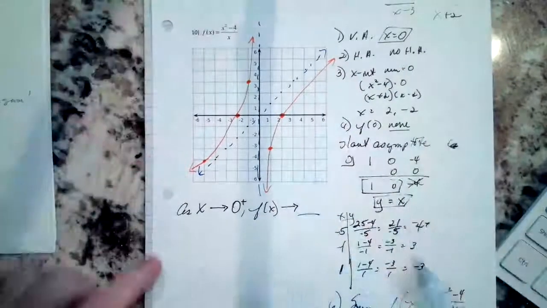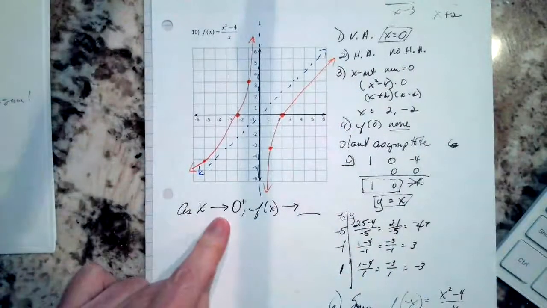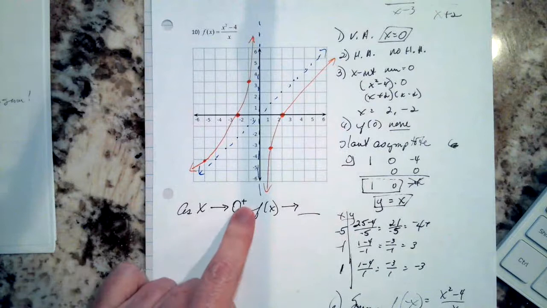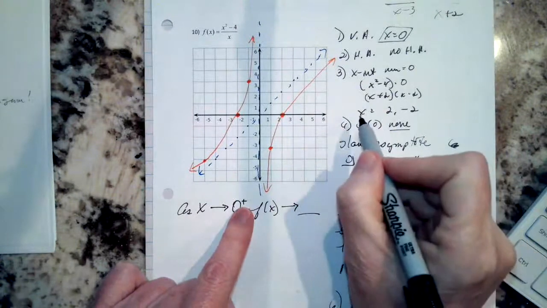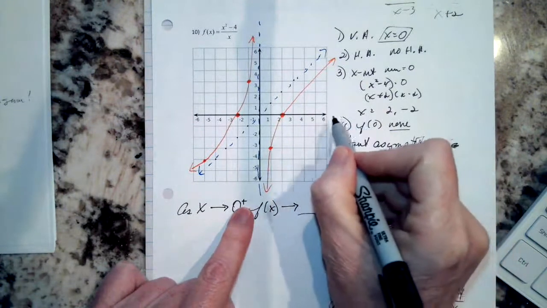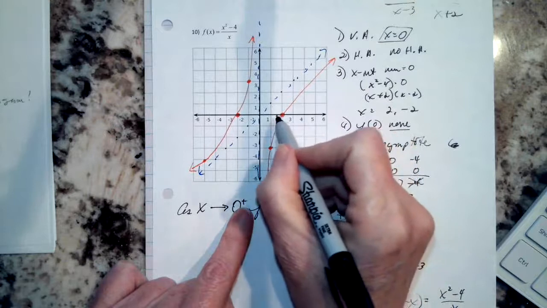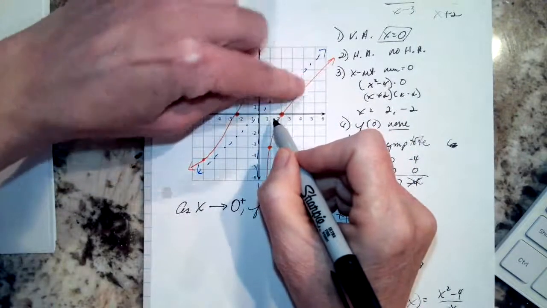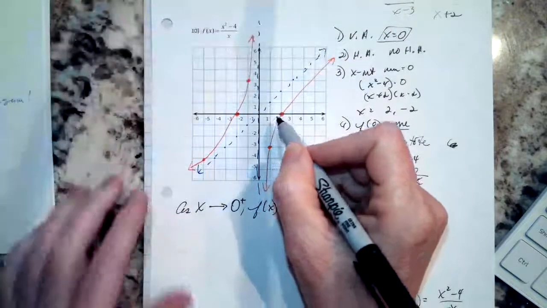They're asking us about one of them. So let's first figure out which one they're asking us about. We're looking at as x approaches 0 from the positive direction. So we're coming from the right, going this way, approaching 0. Well, we've already passed this arm. This arm is not approaching 0 on the x. He's going out that way.